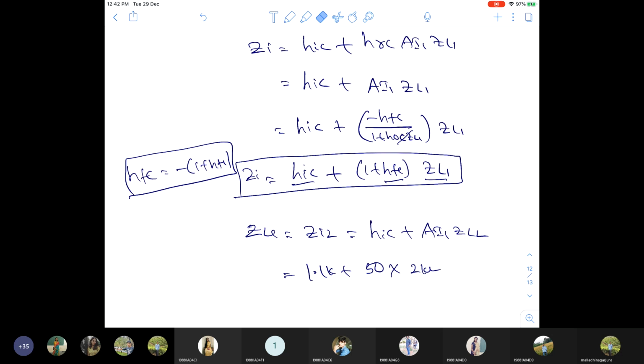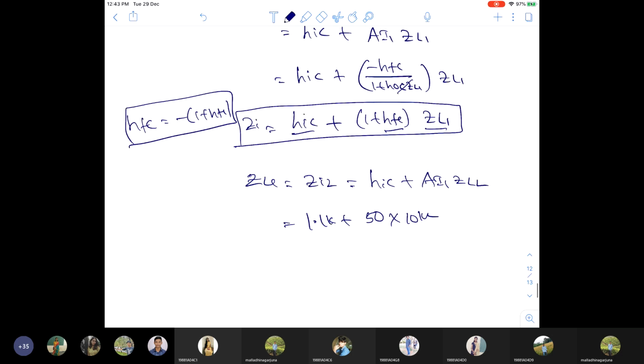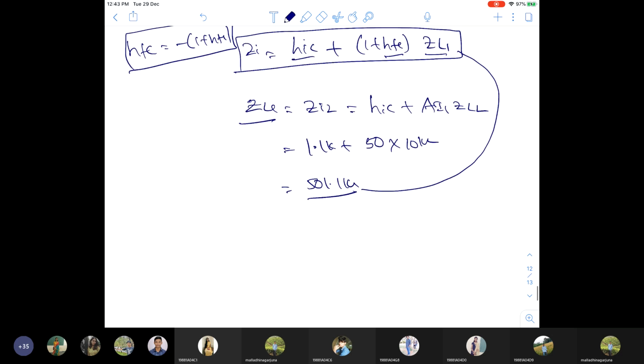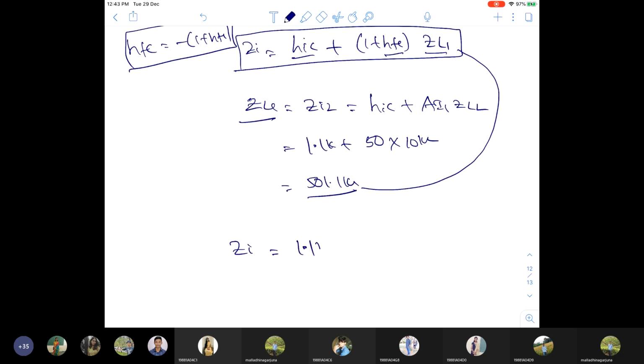The load resistance we will take as a 10K resistor. So finally 501.1 kilo ohm. This is ZL1.